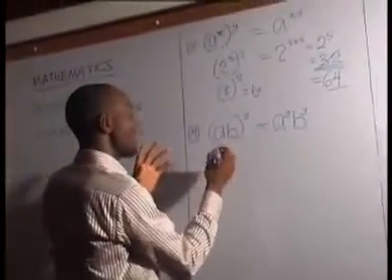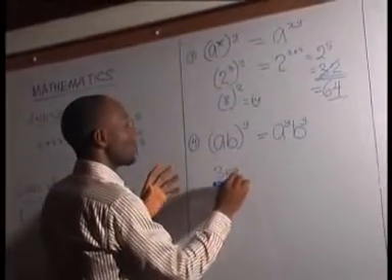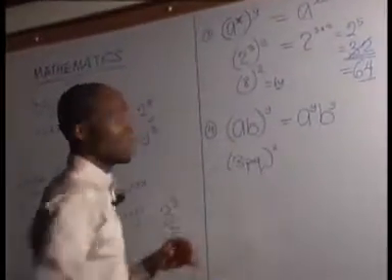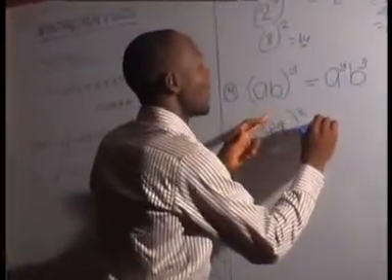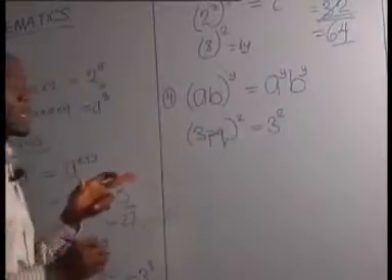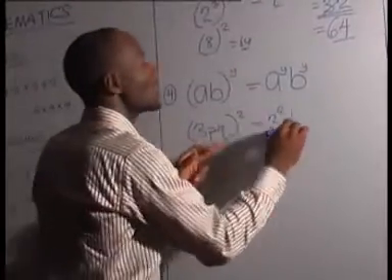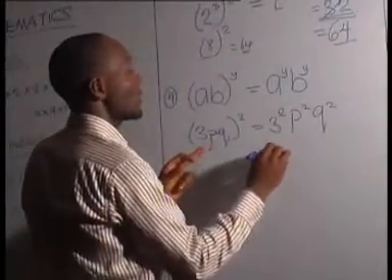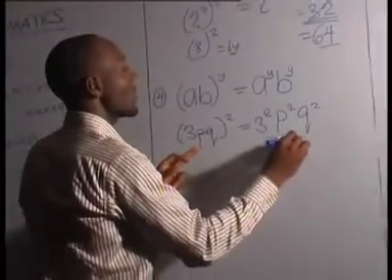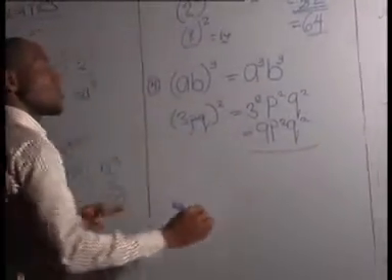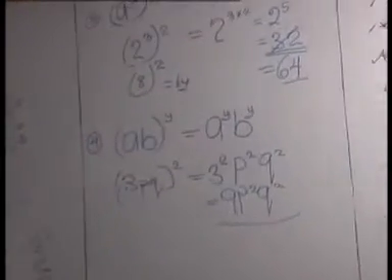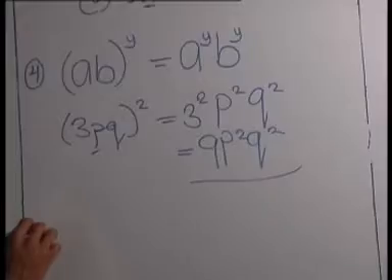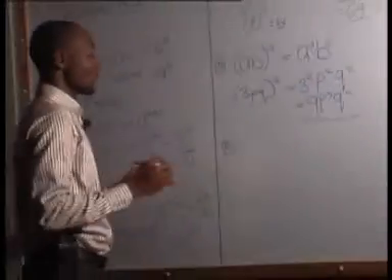For example, you have 3p cubed, and I now say squared. 3 will take on the power separately. p is going to take on the power separately and cube. So you're going to have 9p to the power 6. That's another one. Is anybody lost? No. Fine.